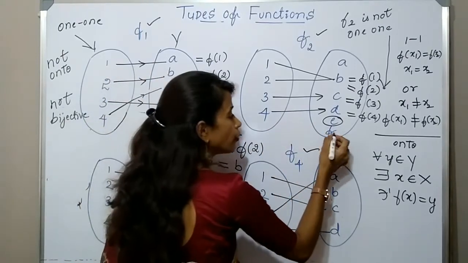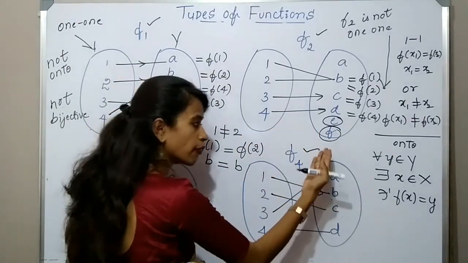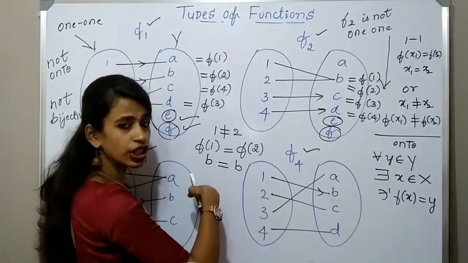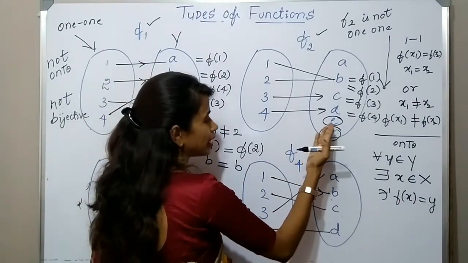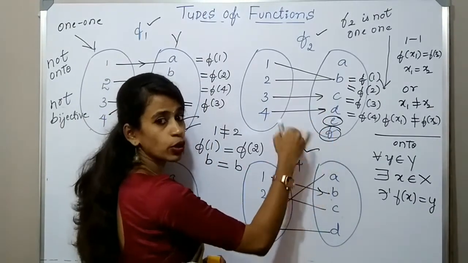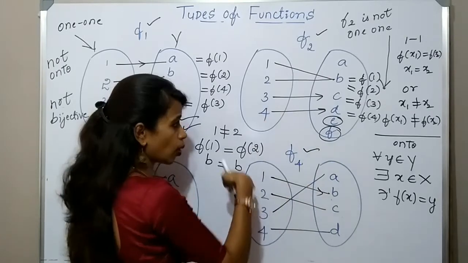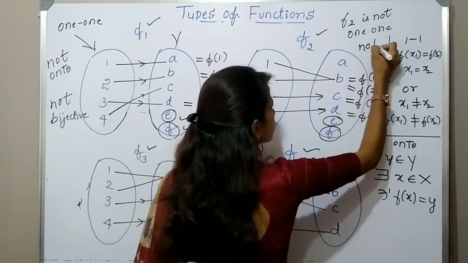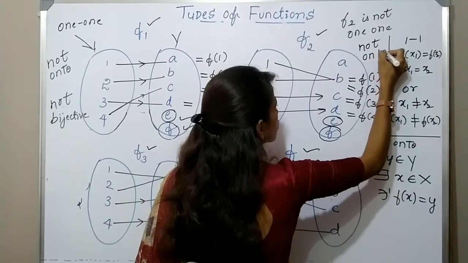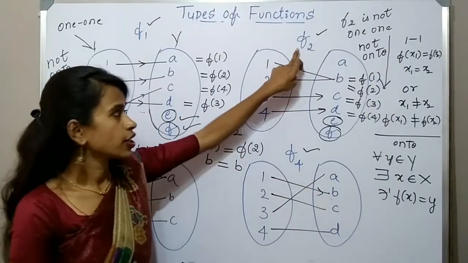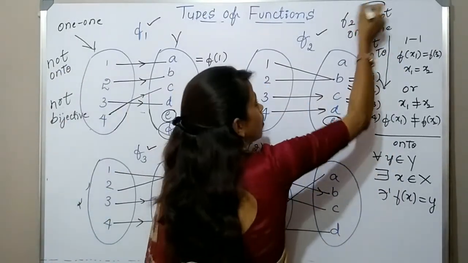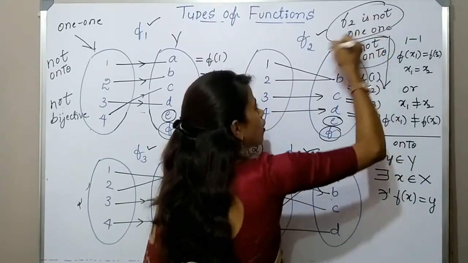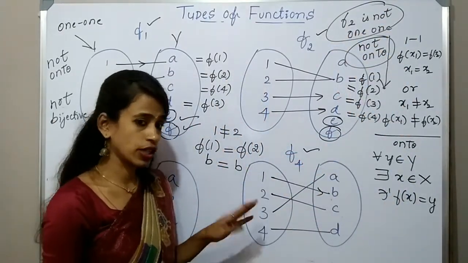If I take F also, F also doesn't have any pre-image in the domain. These two are elements of the codomain but do not have a pre-image in the domain. Therefore, it is not onto. So clearly the function F2 is not 1-1 and not onto. Therefore, it is not bijective.